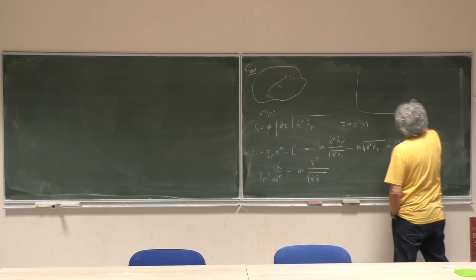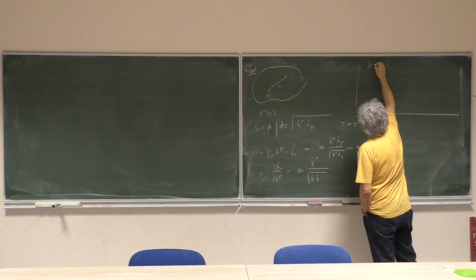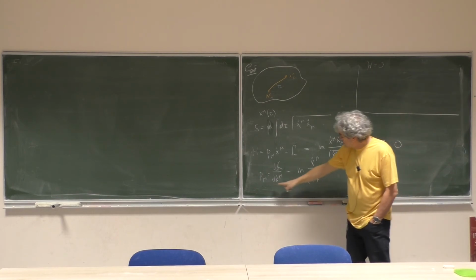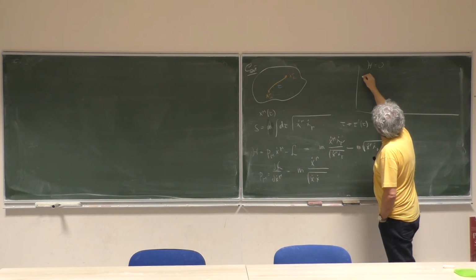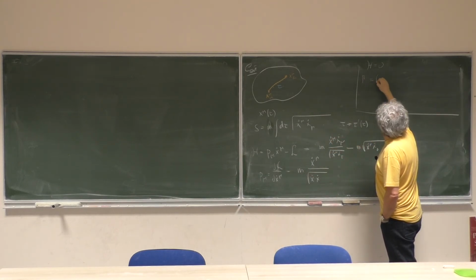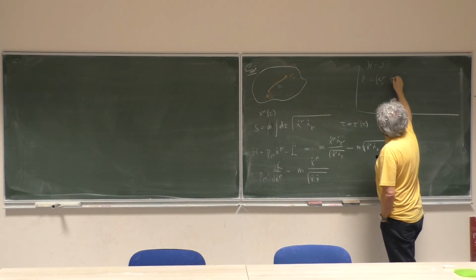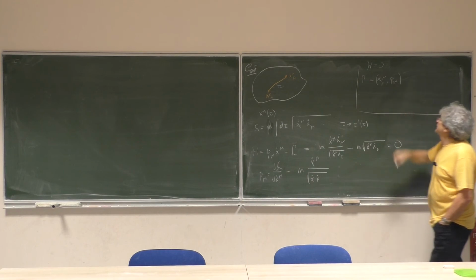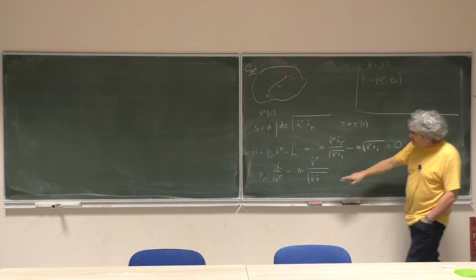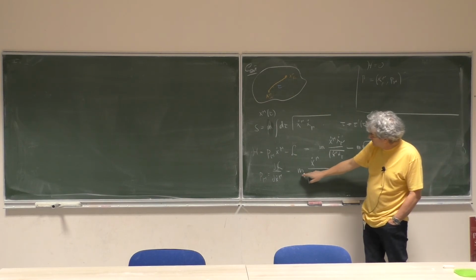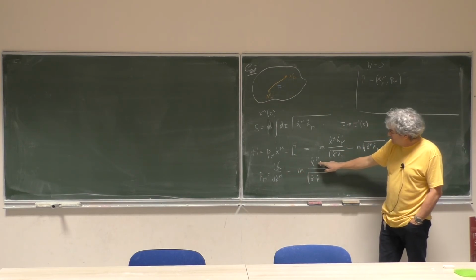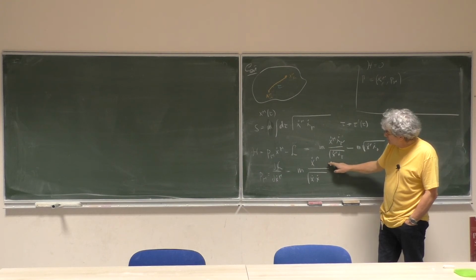Well, very simply, the Hamiltonian is 0, but the phase space is coordinatized by x mu and p mu. By definition of the p mu that satisfies this equation here, we see immediately that p mu square is x dot mu divided by x dot mu, which is 1.